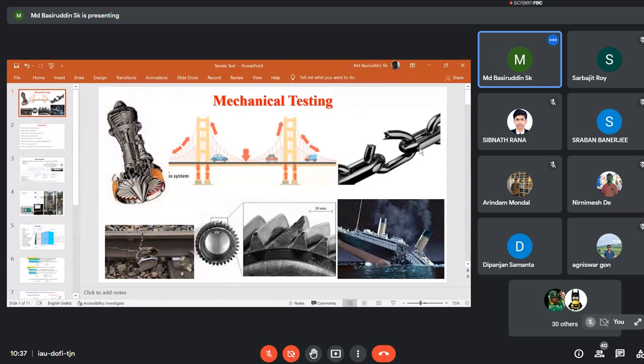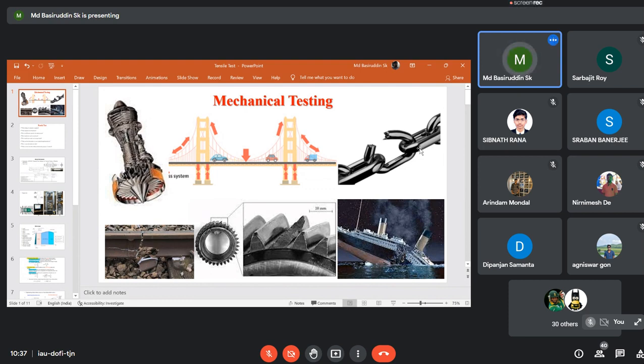But yes, the Liberty ship failure, I think you may have heard about that. That also happened due to the same kind of failure. There the rivet joint was not used, but the joining was welding; the ships generally used in that period were welded ships. There also, due to the high loading condition as well as the temperature, the materials may fail. The ship failed, or the ship broke into two parts.